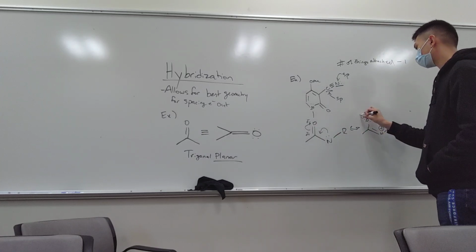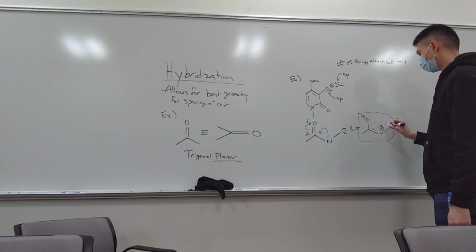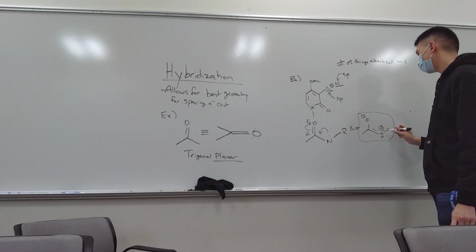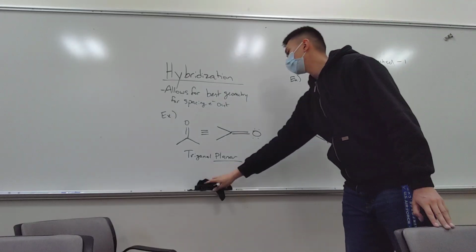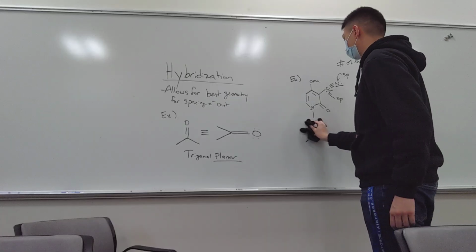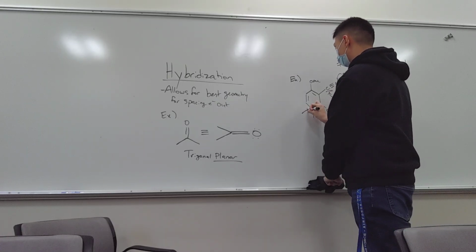Because of that, if we look at this structure right here, this nitrogen exhibits a 1, 2, and usually it has a hydrogen, 3. If we have that, then 3 minus 1 is sp2. So in reality, this nitrogen here in the amide is sp2 because of that resonance. So let's look at sp2.